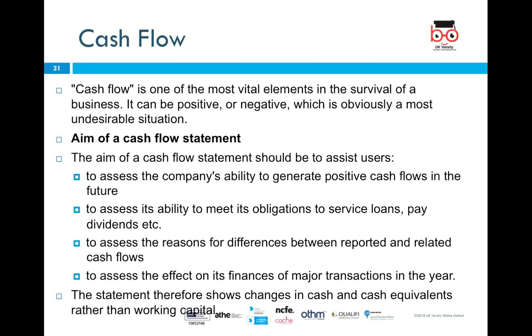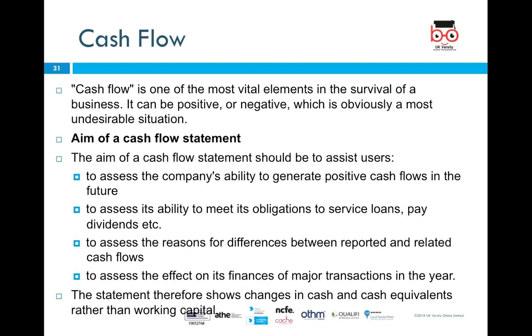So the aim of the cash flow statement is to assess its ability to meet its obligations, to service loans, pay dividends, etc., to assess the reasons for the difference between the reported profit and related cash flow, and to assess the effect of its financing of major transactions in the year. Therefore, the cash flow statement shows different kinds of changes in cash and cash equivalents rather than working capital.